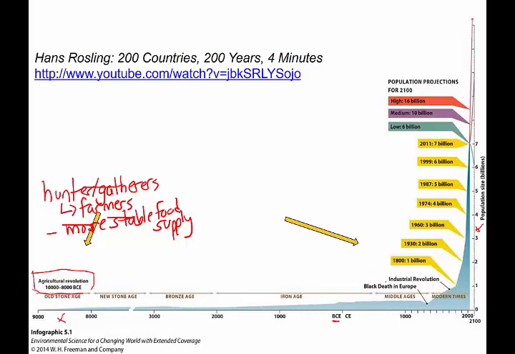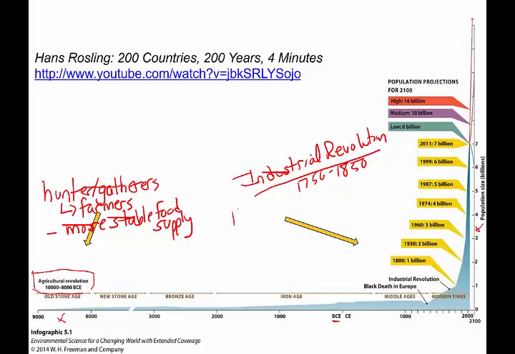And then we came along another period called the Industrial Revolution. In the Industrial Revolution, which was from roughly 1750 to 1850, humans went from using humans and animals for power to fossil fuel powered.